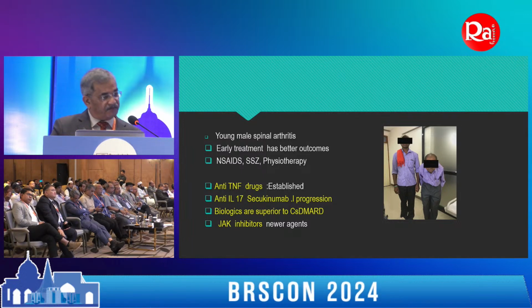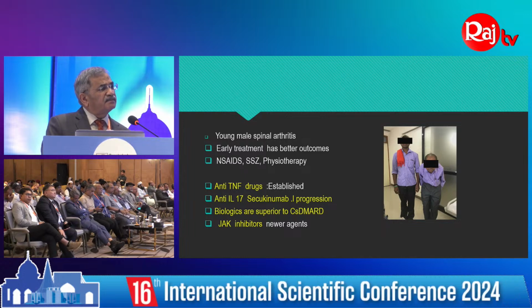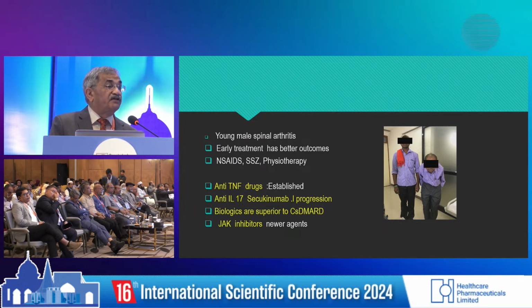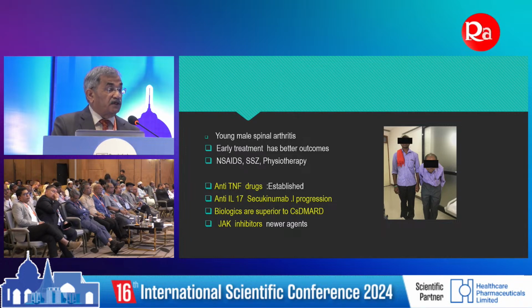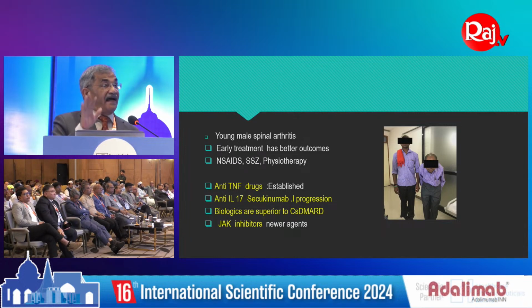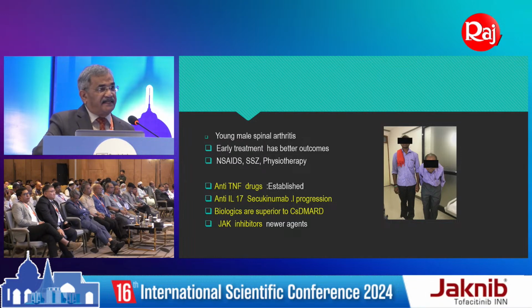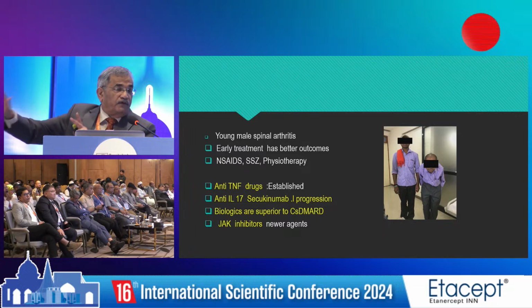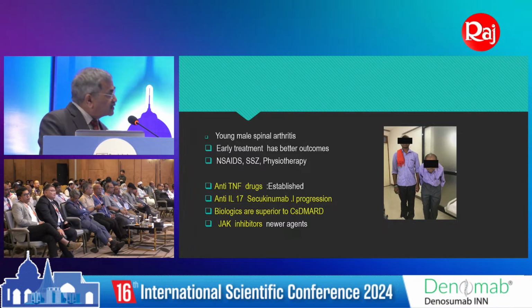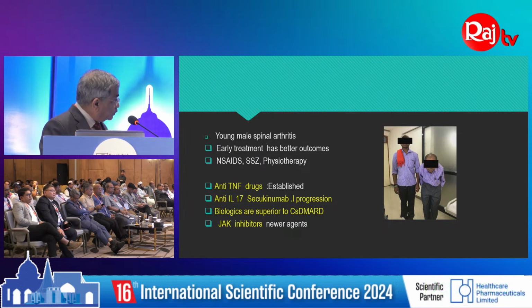So both anti-TNF and secukinumab biologics are probably, as of today, superior to conventional synthetic drugs, which was a topic, especially for axial disease. There is absolutely no evidence for axial disease for the conventional synthetic drugs. And JAK inhibitors are the new drugs.